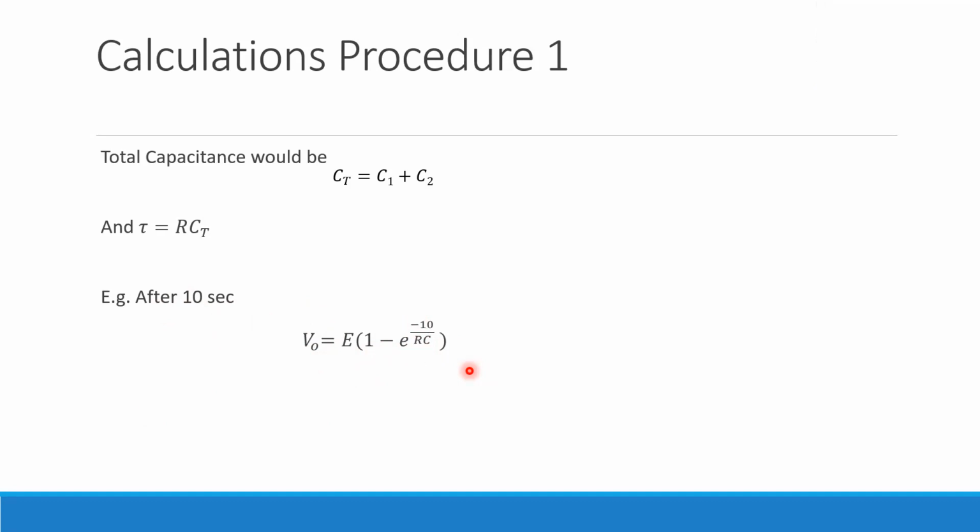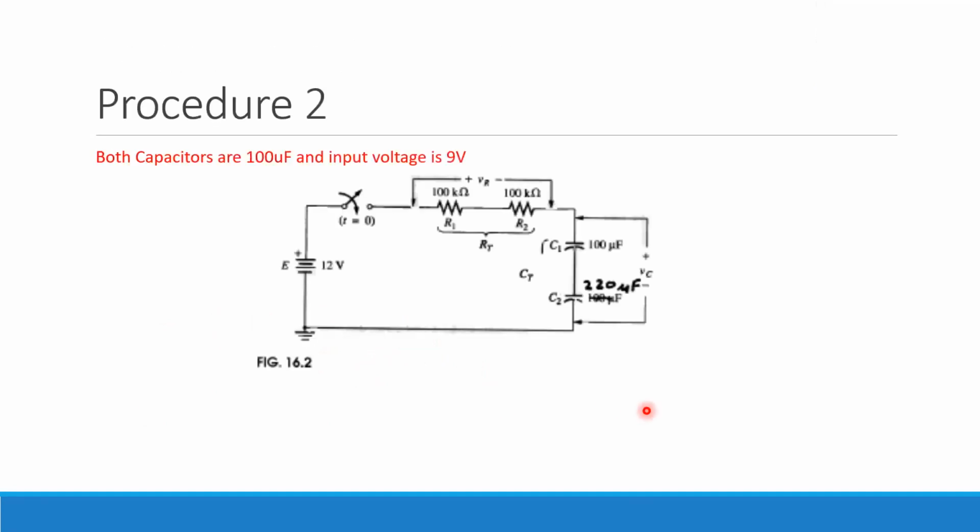Yeah. Okay. So this is the second circuit, that is procedure number 2. In procedure number 2, you have 2 resistors and 2 capacitors. Now your capacitors are in series, which means that we have to calculate equivalent capacitance, and the resistors are in series too.